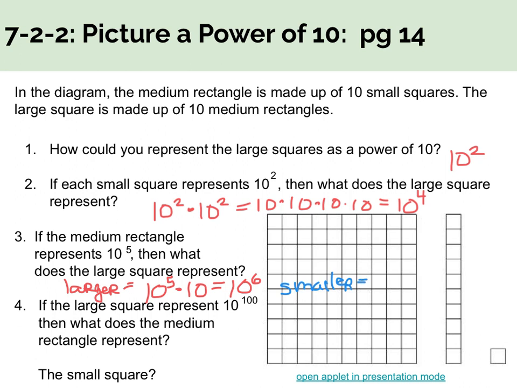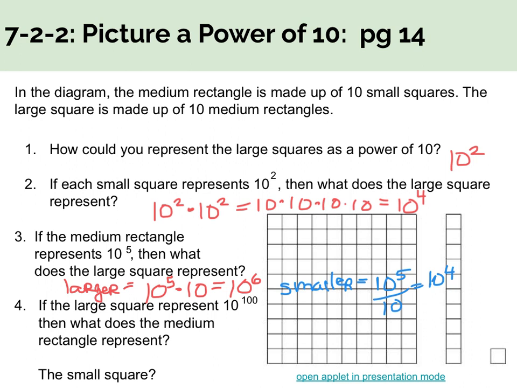We think of the smaller one as, well, we have 10 to the 5th, which is the whole entire medium one, and there's 10 of those, but we have to make it smaller, so we have to divide by 10, and so then it will be 10 to the 4th, because we have 5 10s on the top, 1 10 on the bottom, and if we do 10 divided by 10, it's 1, and it kind of subtracts it off.